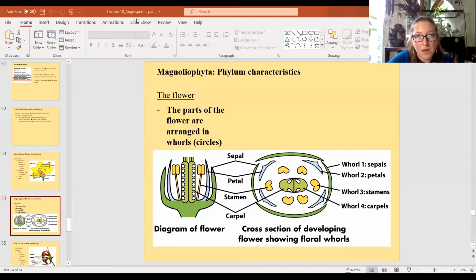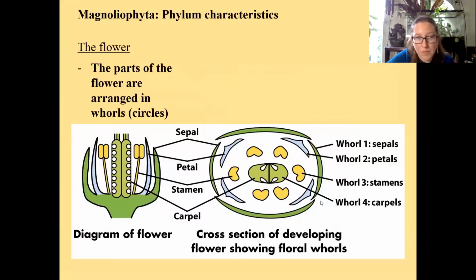So you're right. It is like a single pistil. Pistil is a term for the whole middle part, but sometimes there will be different numbers of parts.